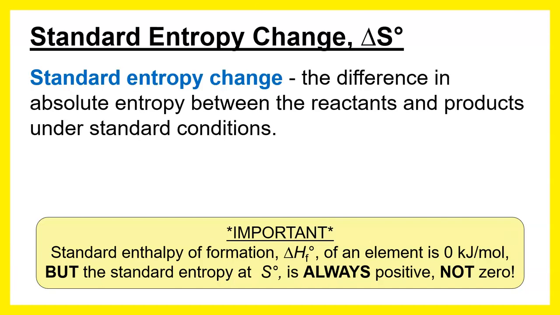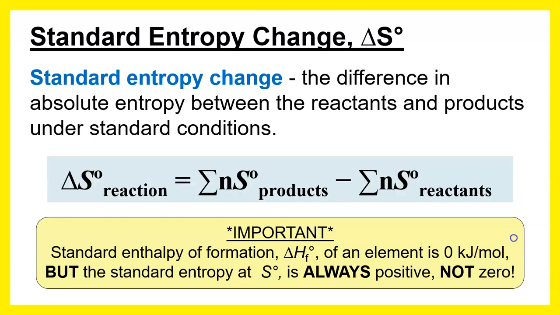So the standard entropy change is going to be the difference when we're at those standard conditions. Now remember, we typically say 25 degrees. Always double check what your data table is. And you've seen this equation before with delta H, you've seen it with delta G, and now you're seeing it with delta S, because it's all the same concept.